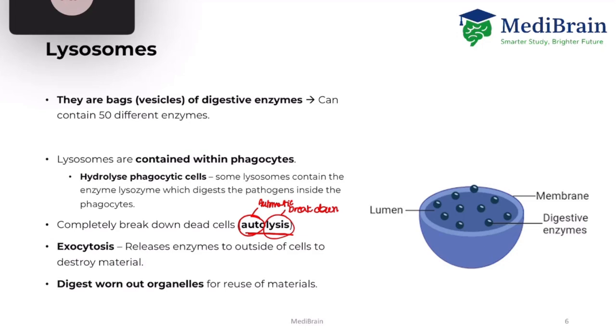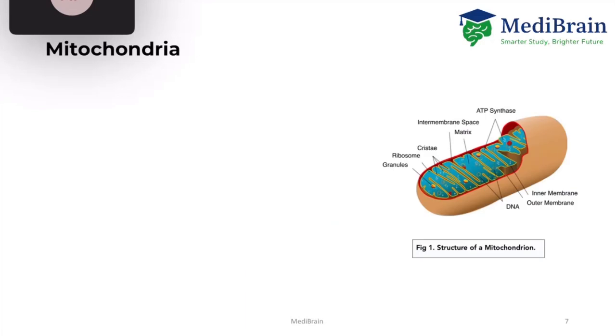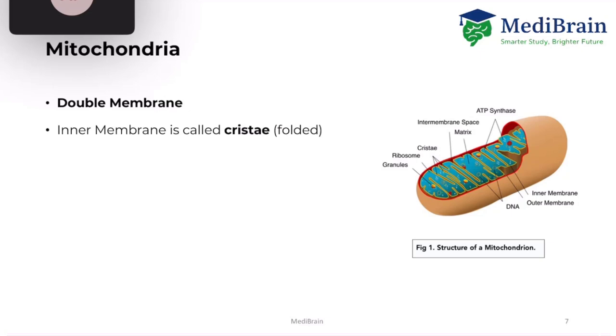So that's lysosomes. The next thing we're looking at is mitochondria. We will look at mitochondria again through a later unit, because you will look at photosynthesis and respiration. So we will look at chloroplasts and mitochondria again in more detail. But just to give you a general idea, mitochondria have a double membrane. The inner membrane is called cristae, which is folded.